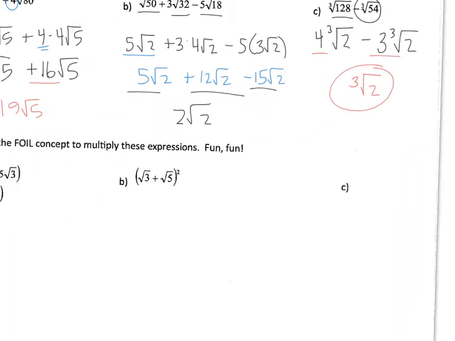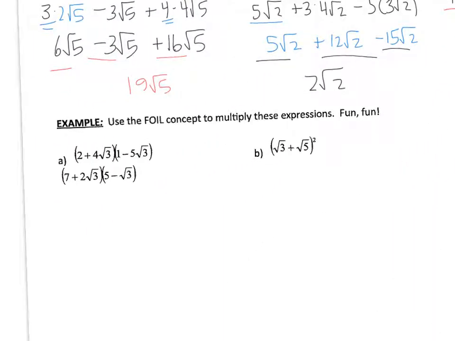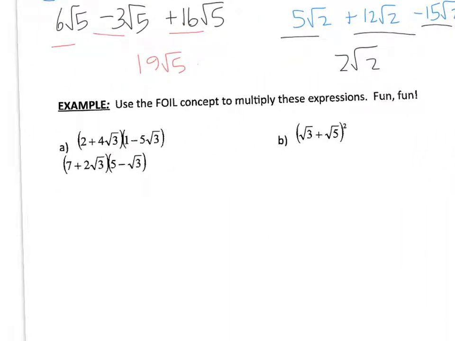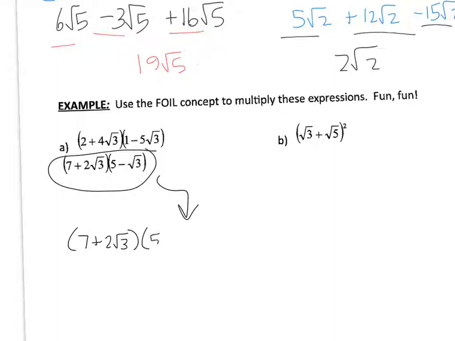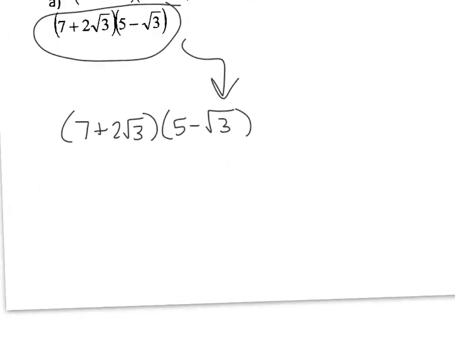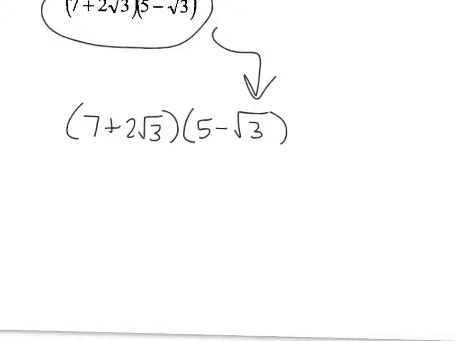And then down here, you can use FOIL. This didn't copy very well, but I'm going to FOIL this one just to show you. So I write them out. They're already written out. Okay, so to do FOIL, you're going to do 7 times 5 is 35, minus 7 root 3. I always write the radical afterwards.